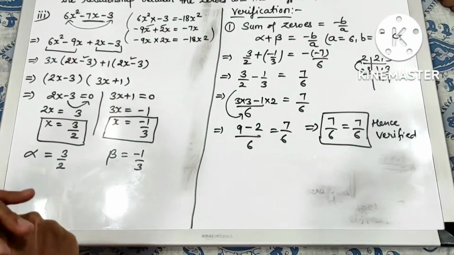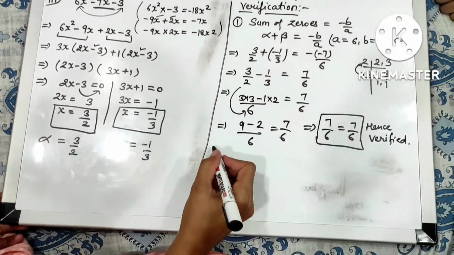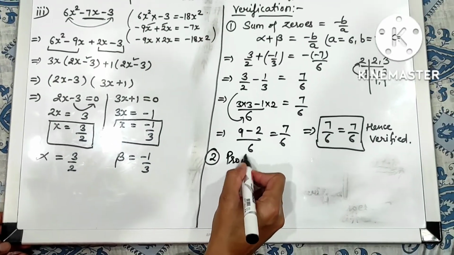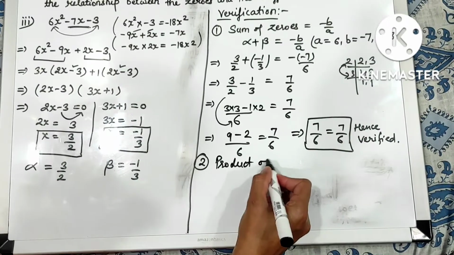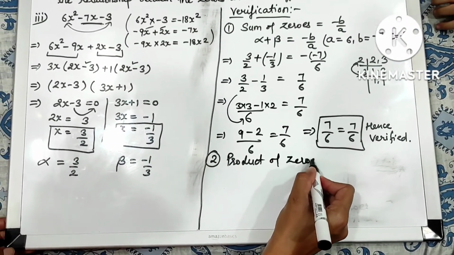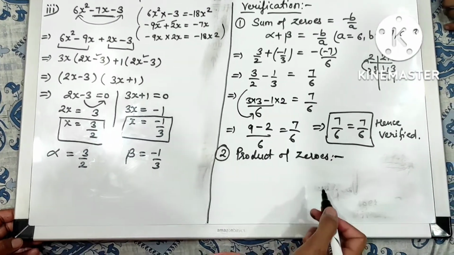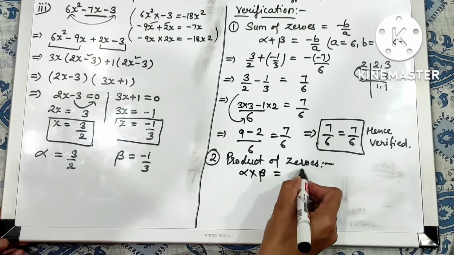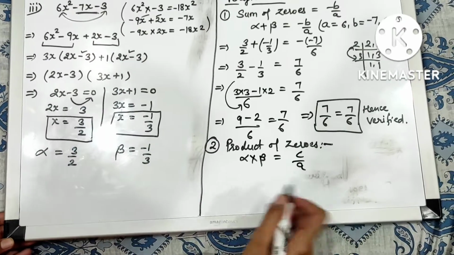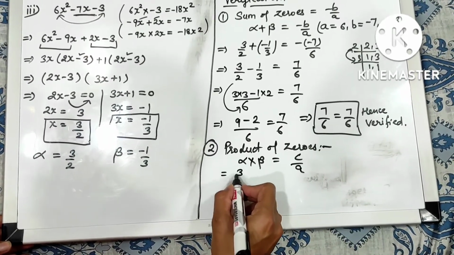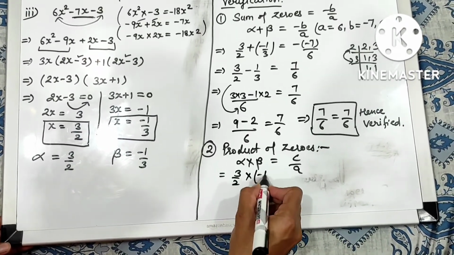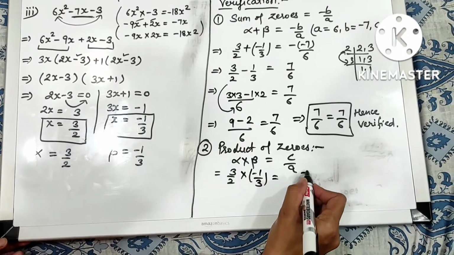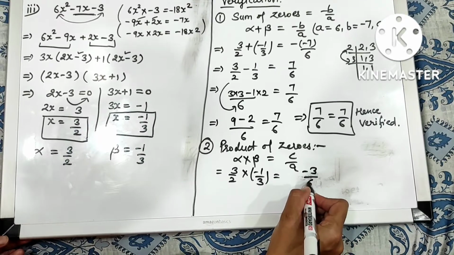Now we will do the second rule, like product of zeros is equal to alpha into beta is equal to c by a. Alpha is 3 by 2, beta is minus 1 by 3 is equal to c is minus 3, a is 6.